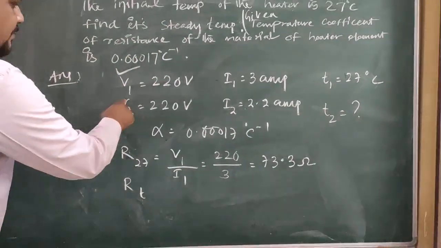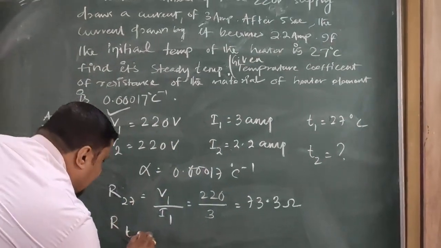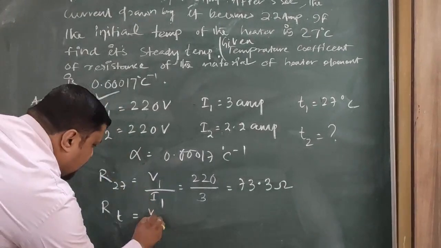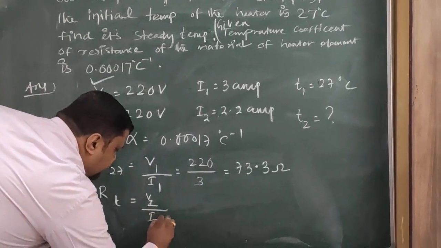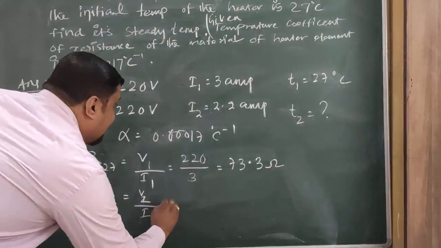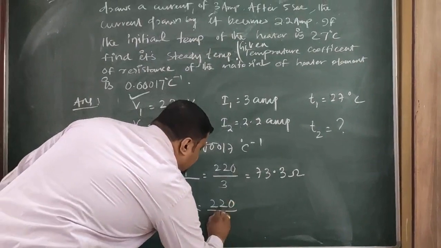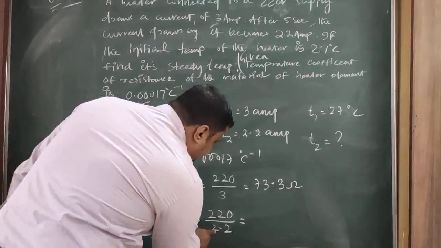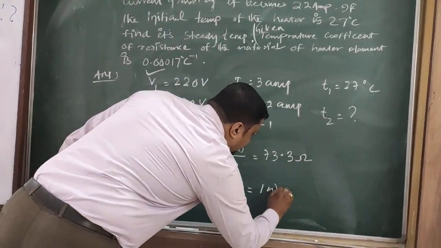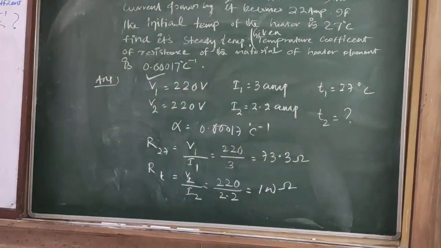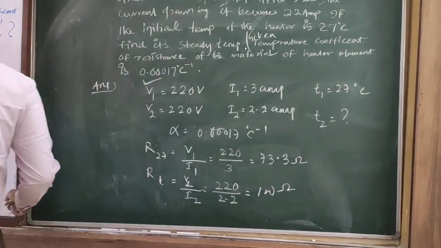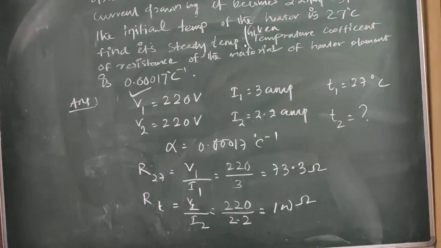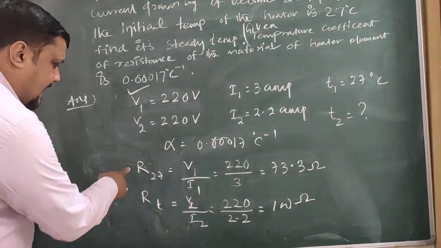The resistance RT is equal to V2 by I2, so 220 by 2.2, which will be 100 ohm. Right? So this is 100 ohm. I got this RT and R27.